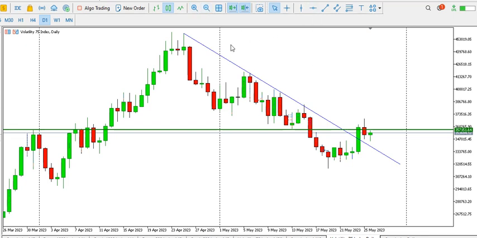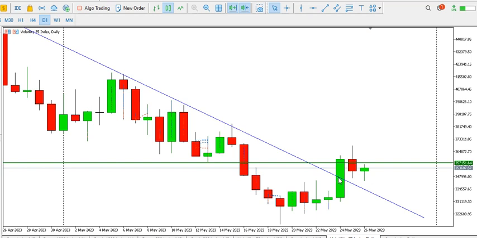What I can see on the daily time frame is a bearish structure around here that got broken. We have this particular break of the descending trend line around here, and this particular candlestick is showing a retest, and then we might start to see an upside push of price to the top side.